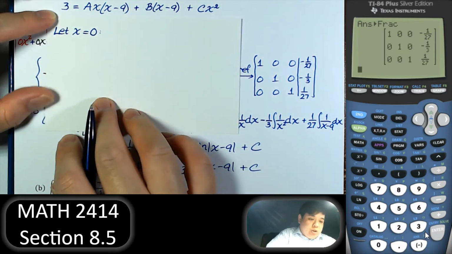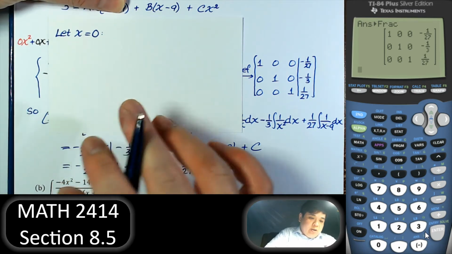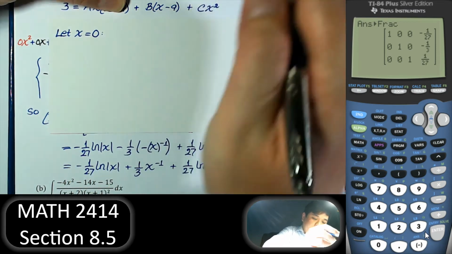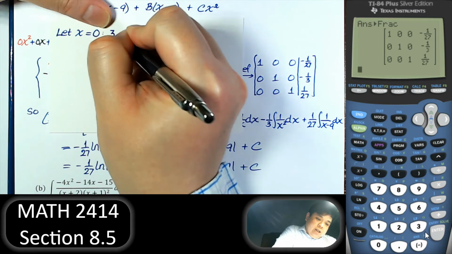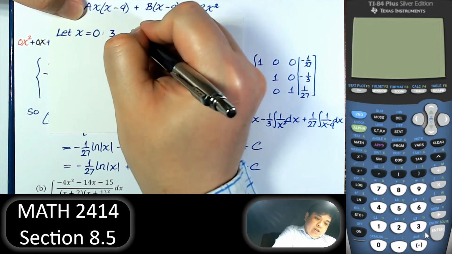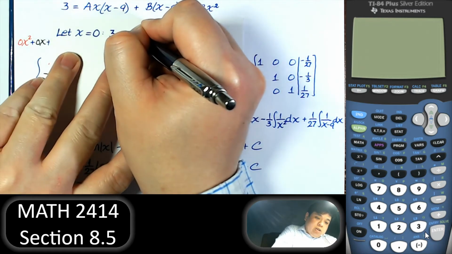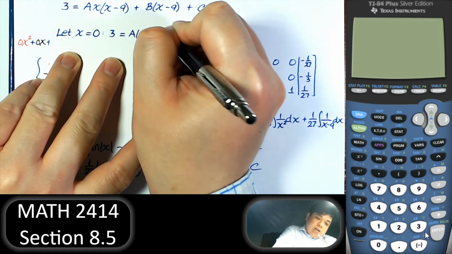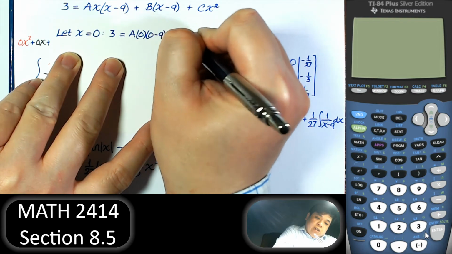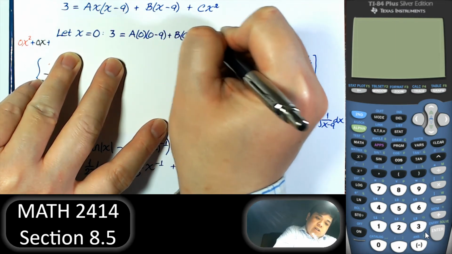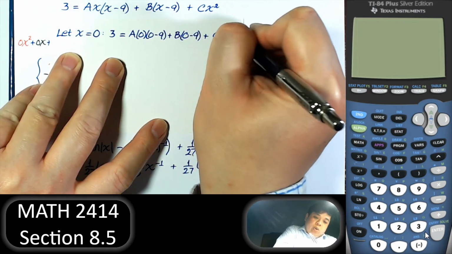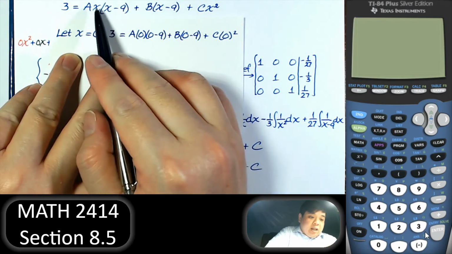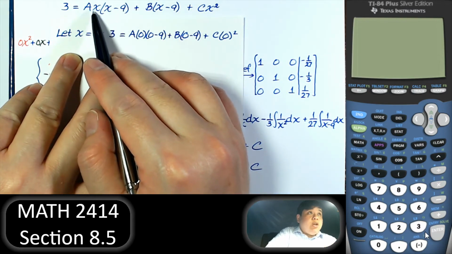If we let x equal to 0, this one goes to 0, that one goes to 0, and we have 3 equal to, I'm just going to say this, a times (0 minus 9), b times 0 times (0 minus 9), c times 0 squared. The reason we choose 0 is because that corresponds to the factor of x.